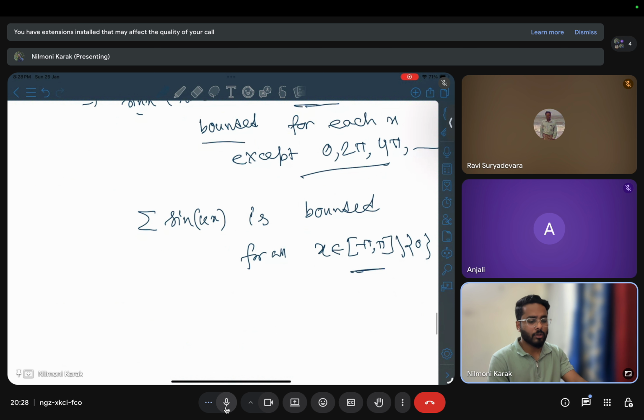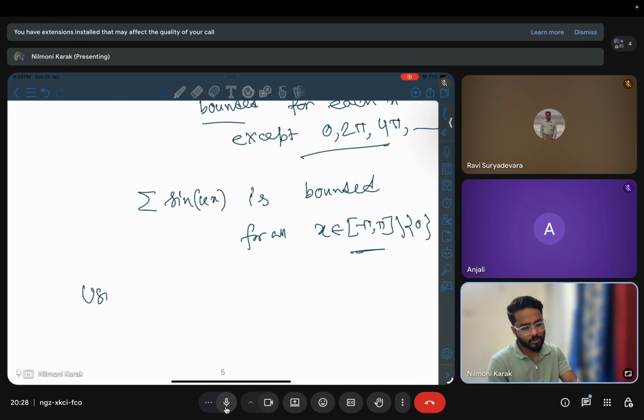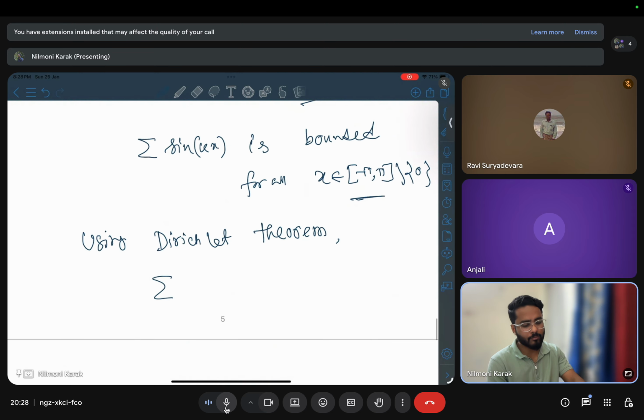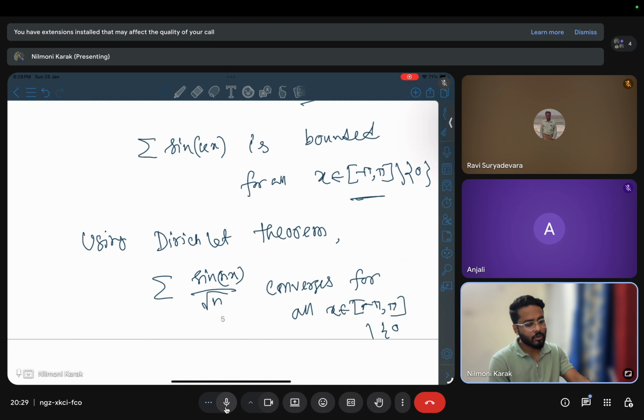So now using the Dirichlet theorem, this sum of sin nx by n root n converges for all x belonging to minus pi to pi. So here I am talking about pointwise convergence.